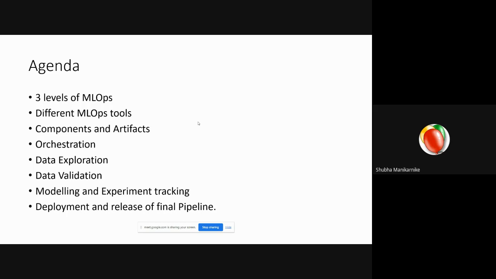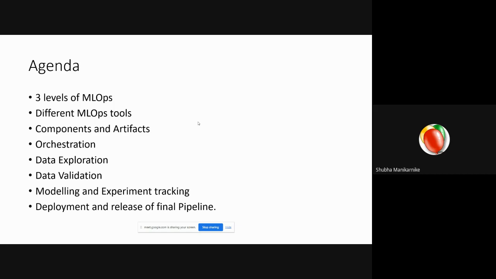We will see MLOps being used at three different levels in organizations. To perform MLOps, a lot of different tools are available. We will look at the different tools available in the market, and we will be choosing, as I already said, WNB and MLflow. We will try to understand what components and artifacts are.